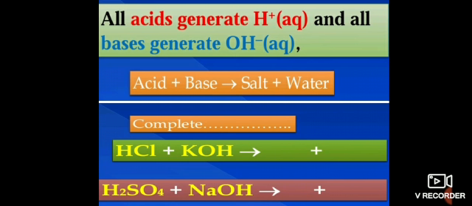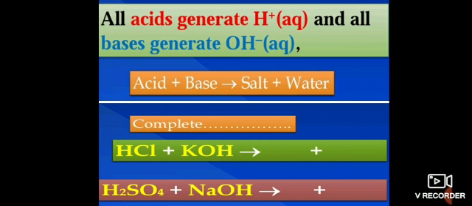All acids generate H+ and all bases generate OH-, which means when acid reacts with base it gives rise to salt and water. Dear children, can you complete the reactions given below?